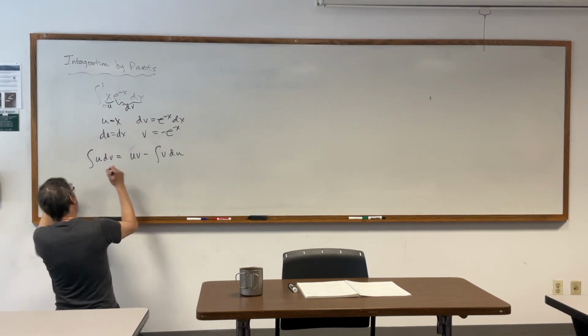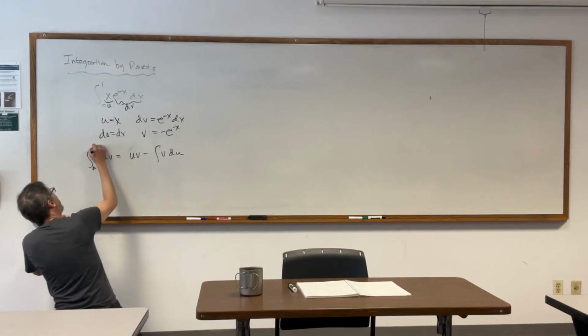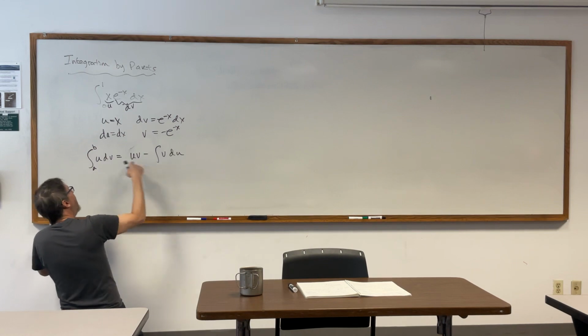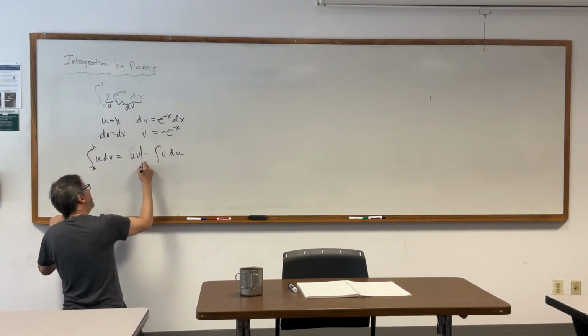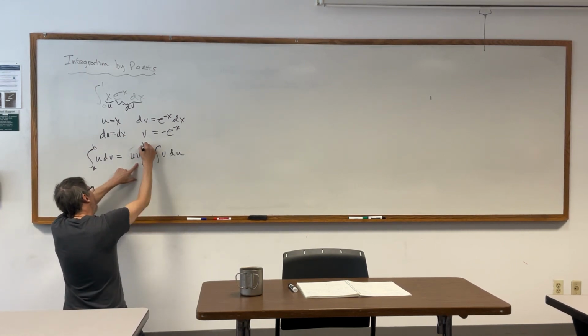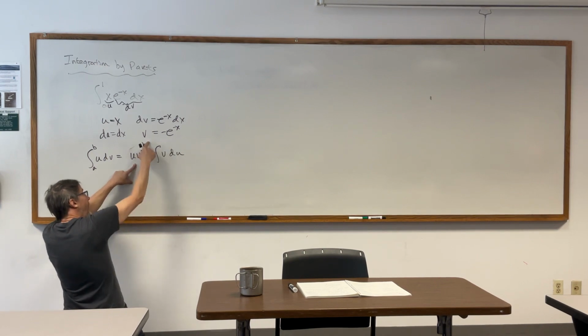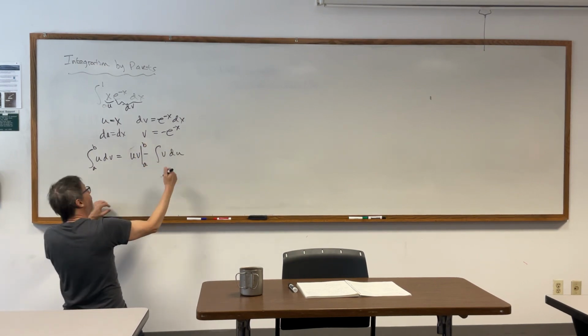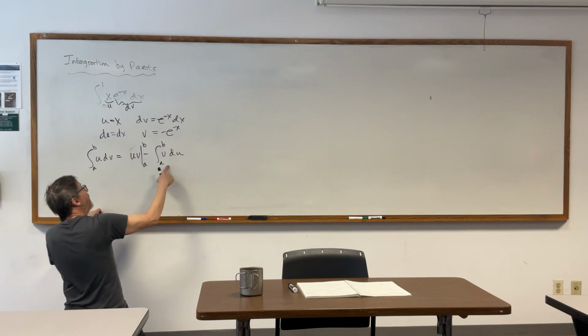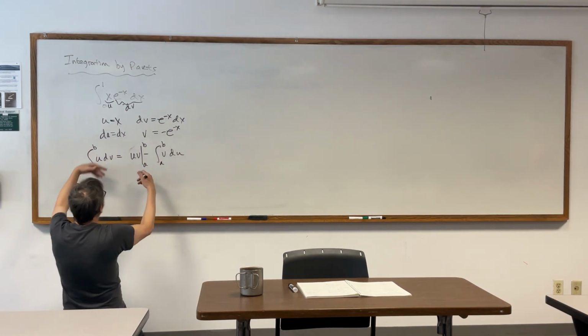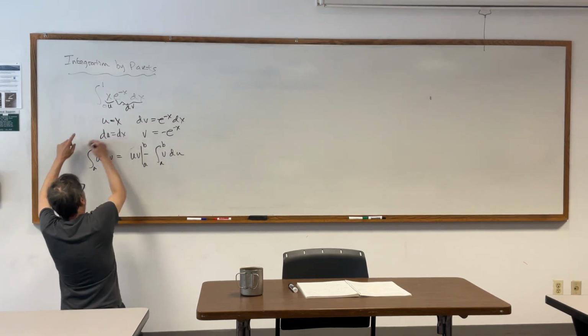So I'm going to actually put the definite form of this up here. If you had limits right here, carry those limits across. This bar just means I'm going to evaluate this at b and a and subtract, and then I rewrite my definite integral here. So that's the form I'm going to use. Right now I've got this.